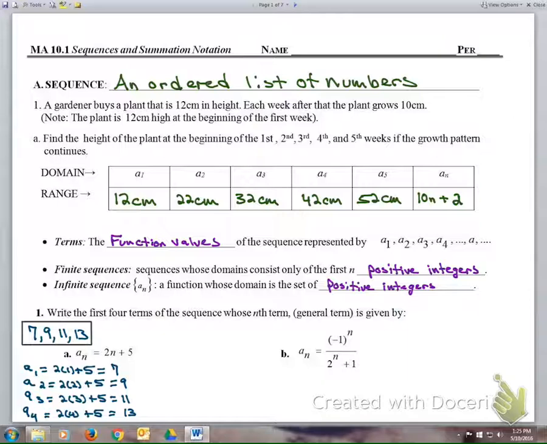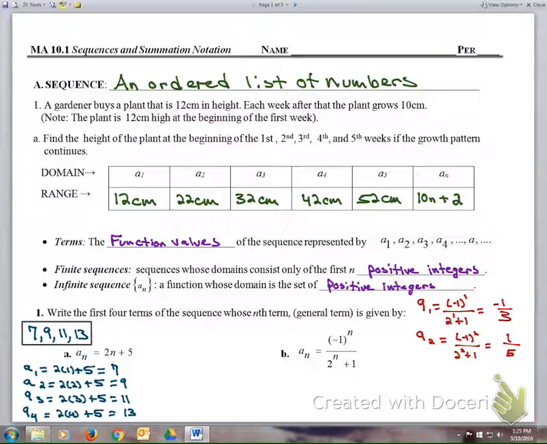Okay, the next one, you're going to plug in a 1 in for n, and notice there's 2 places for a 1 to be plugged in. And there's the first term. Then you keep going in the same pattern.